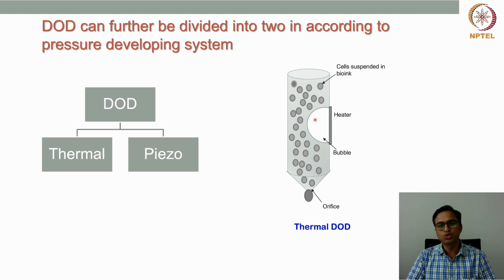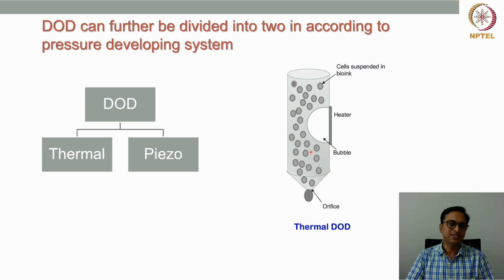To prevent the flow of this liquid backwards, a neck kind of geometry is created toward the inlet side. So the liquid cannot go back towards the inlet, but it is pushed through the outlet, the orifice where the droplets are being created, right?